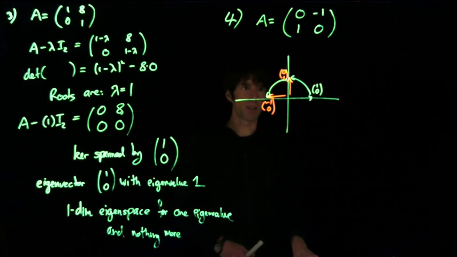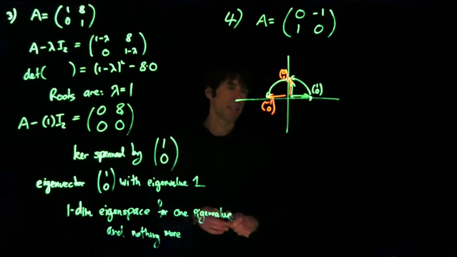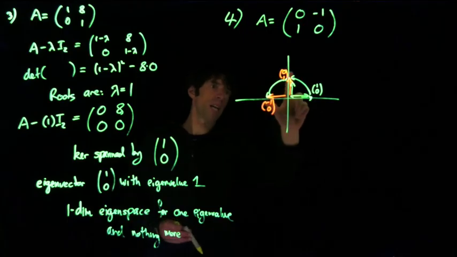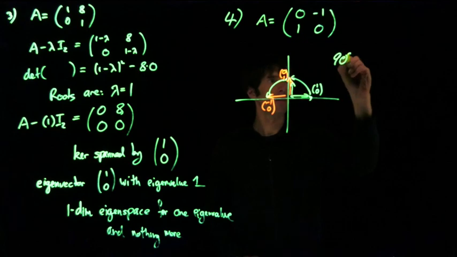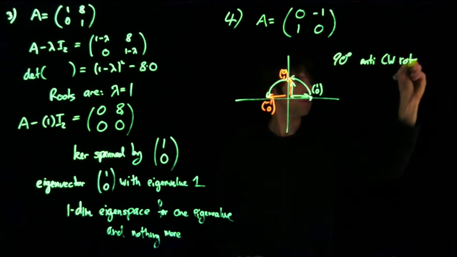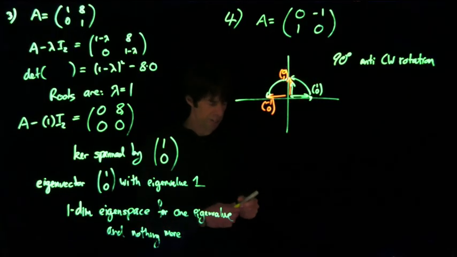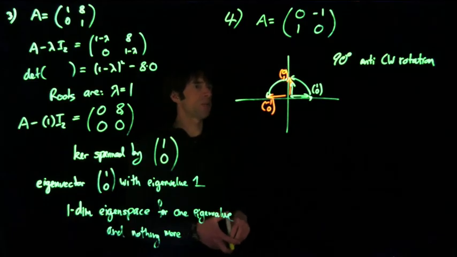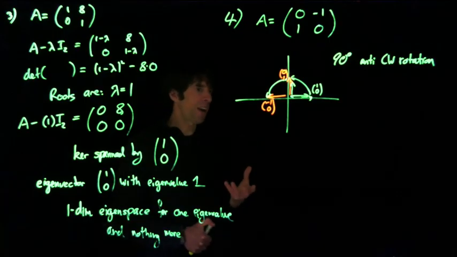From this picture, you see that this frame here is being rotated by 90 degrees anti-clockwise. So that's the transformation we're looking at here. This is a 90-degree anti-clockwise rotation of the plane. Thinking about this rotation, I don't see any way we could have an eigenvector.